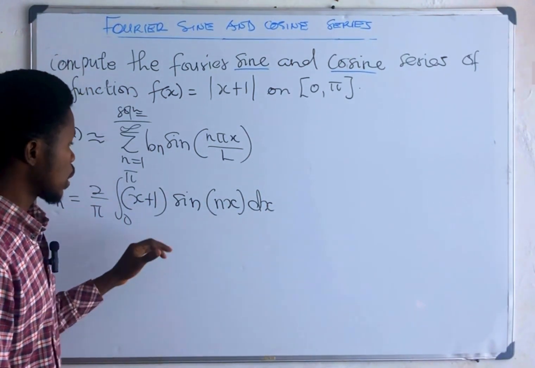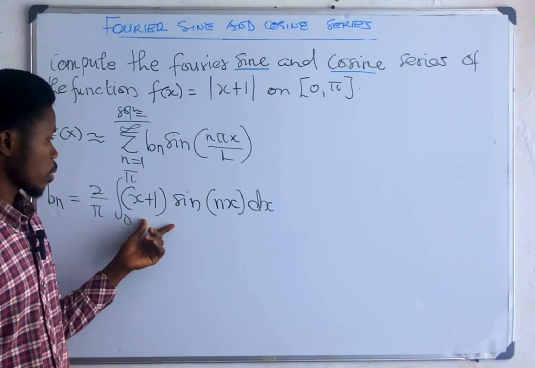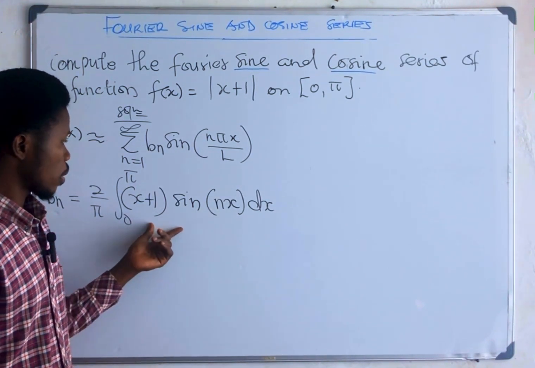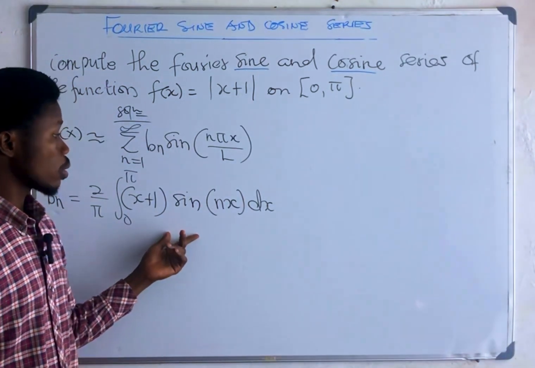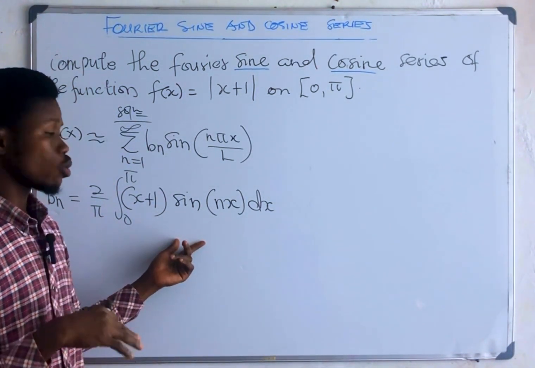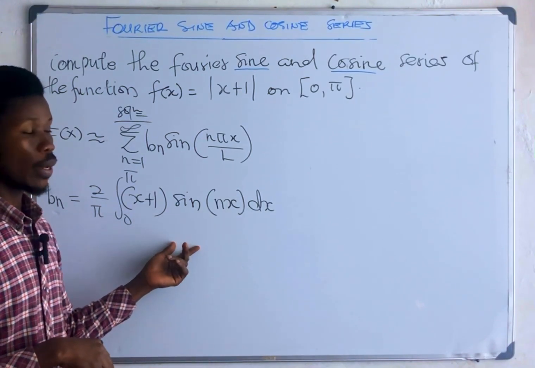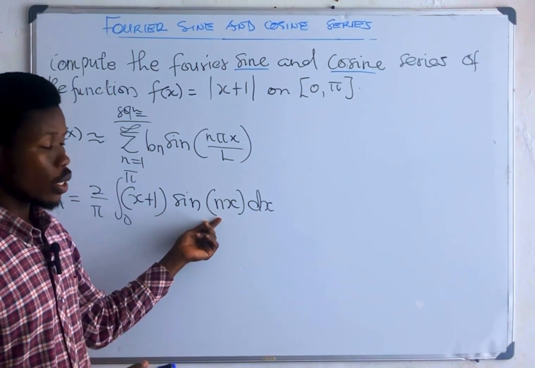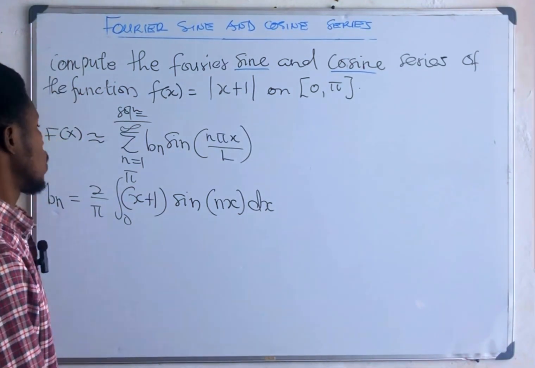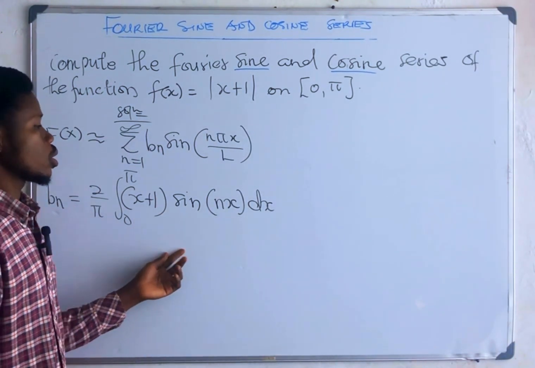Now, someone might ask how to integrate this. If you don't know how to integrate it, go to my previous videos to see how this is integrated. But I'm going to show you. This is a product, so when it comes to integration, you use integration by parts.